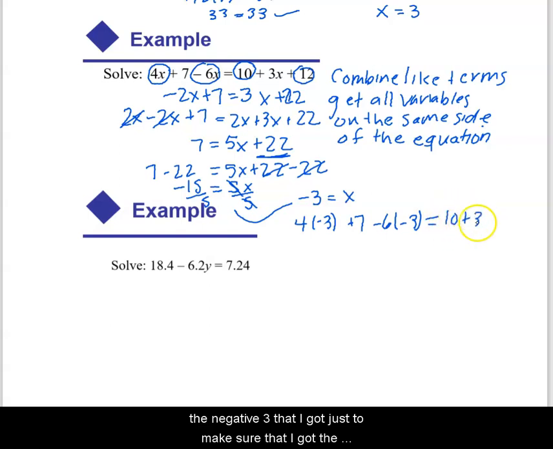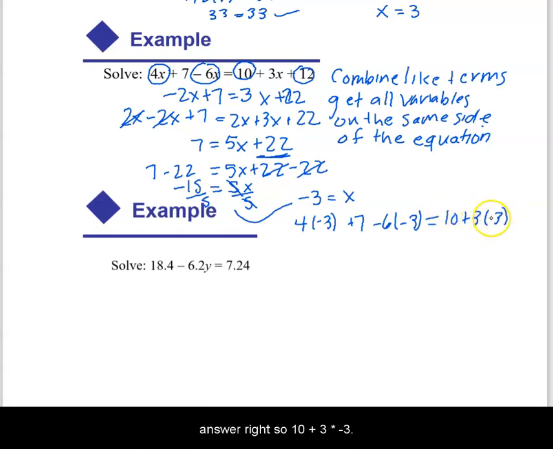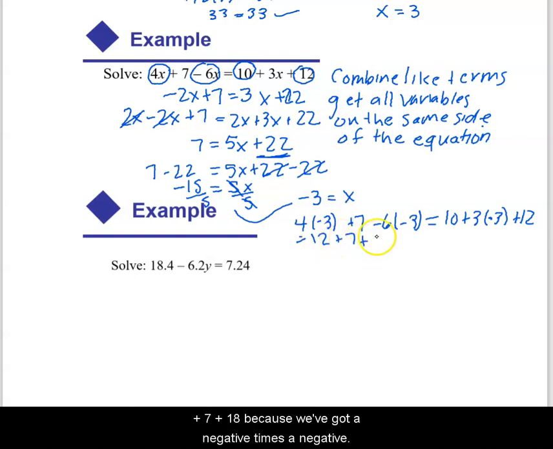So 10 plus 3 times negative 3 plus 12. So I plugged in a negative 3 for this x, and for this x. Okay, well that's negative 12 plus 7 plus 18, because we've got a negative times a negative. 3 times negative 3 is going to give me negative 9 plus 12.